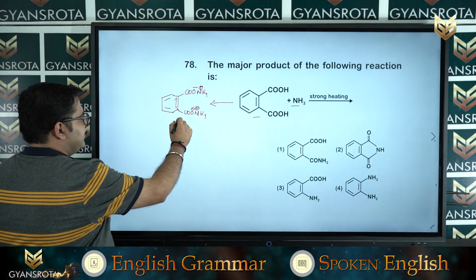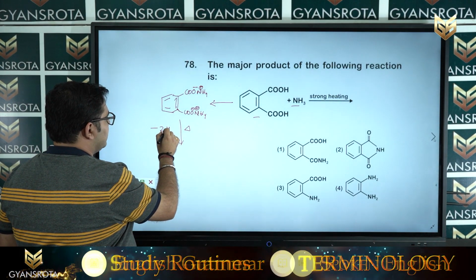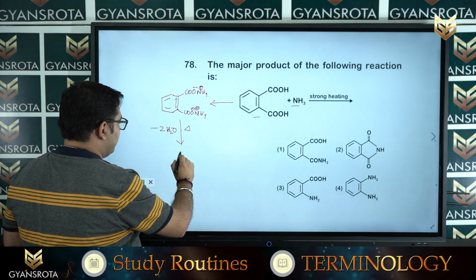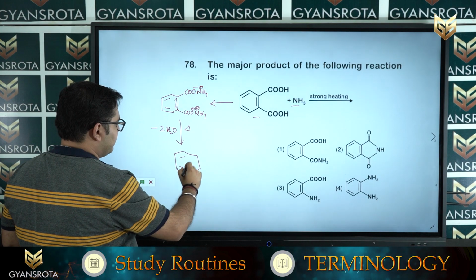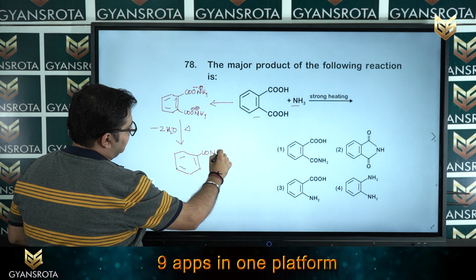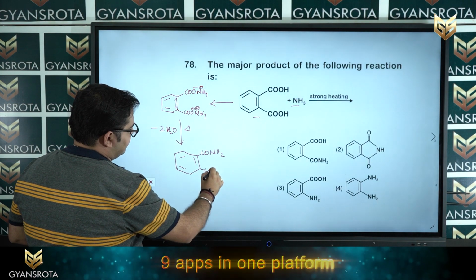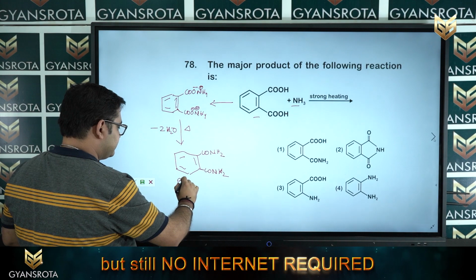Now, when this one is heated, 2 molecules of water are released, and we get our next product, that is phthalamide.